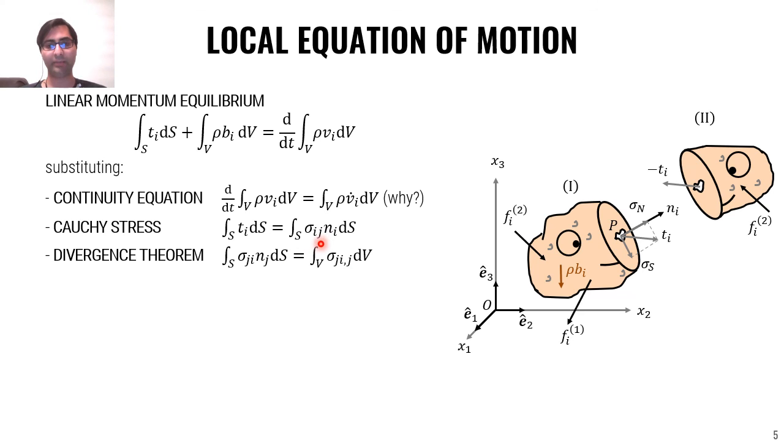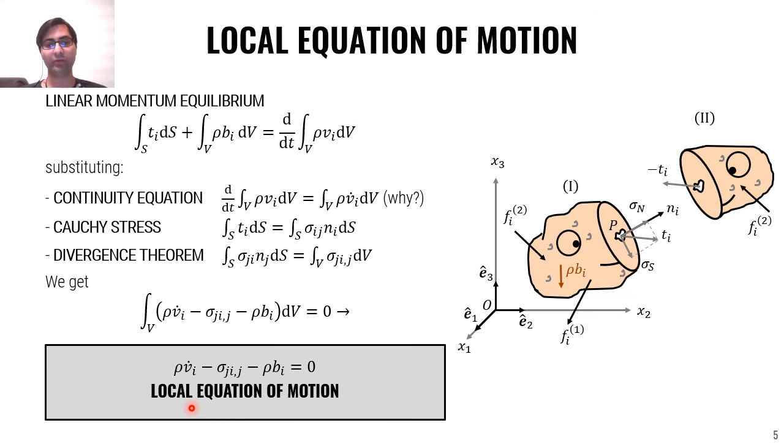Note that here we change the notation for simplicity. Finally, by substituting, we get volume integral of rho v dot i minus sigma ji comma j minus rho bi dv equal to 0, which gives us the local equation of motion.